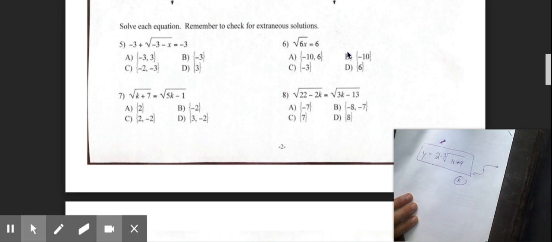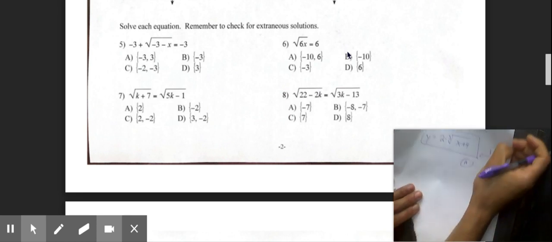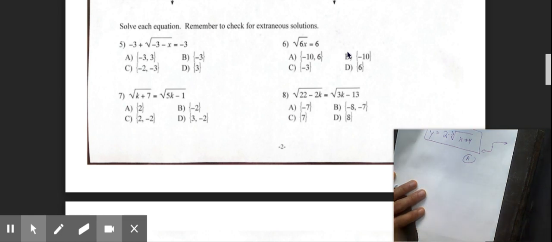Okay, let's switch gears. Let's talk about solving some of these square root equations. Take a look at number 5. In this particular case, we're trying to isolate the square root. So we're going to add 3 to both sides.